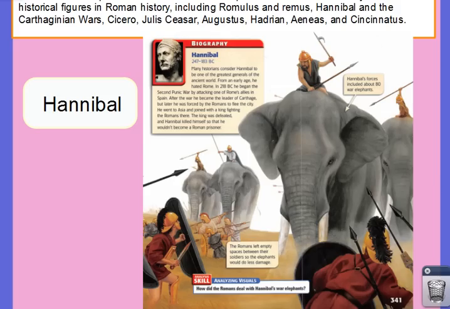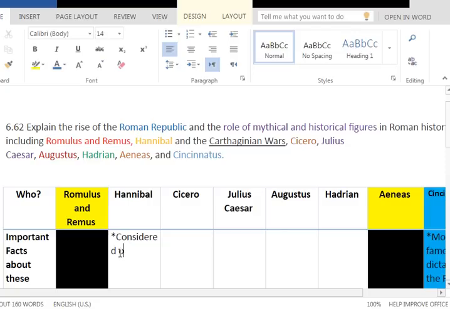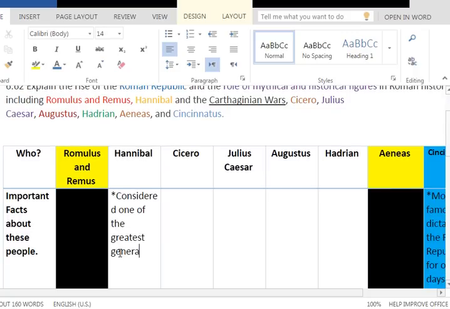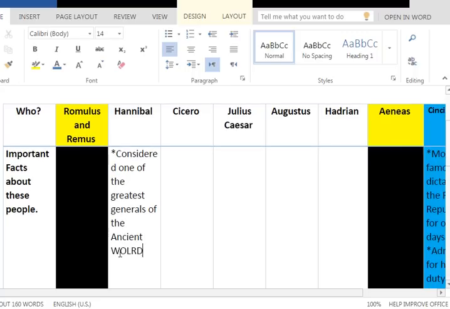So that's our first fact, that he was considered one of the greatest generals of the ancient world. I didn't say ancient Rome, I said world.